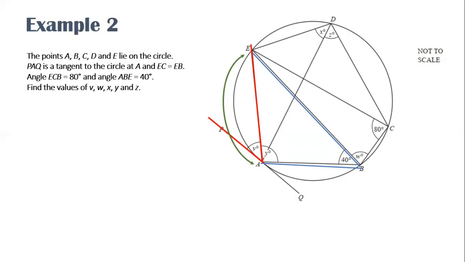And angle PAE is opposite to arc AE as well. Angle EBA, angle EAP, and angle EDA are opposite to the same arc. The arc is AE. Because they have the same arc, it means P degrees equals 40 degrees. Same, right?